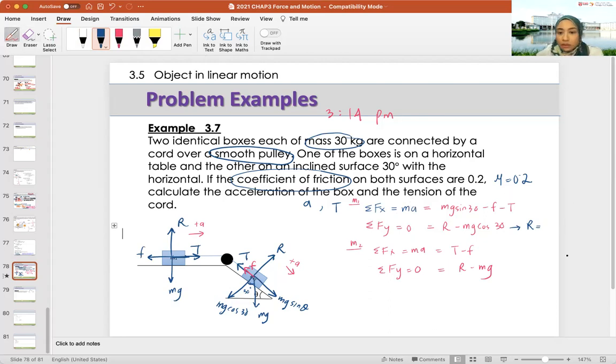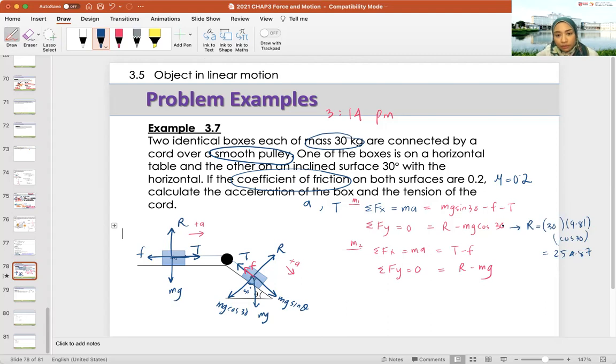So this would be 30, 9.81 and cosine 30, which will give us R as 30 times 9.81 times cosine 30. Okay, so this will be 254.87. So we know our R now.